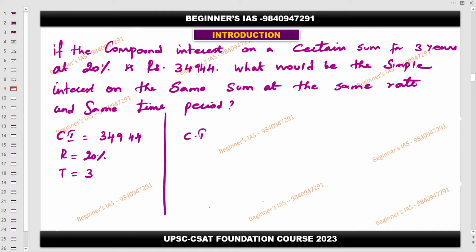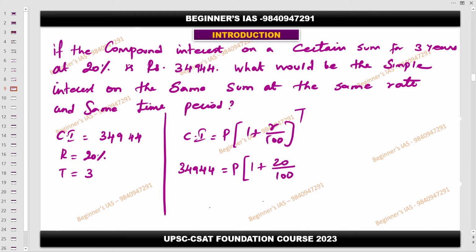So you know the formula, right? Compound interest is equal to P into (1 plus R by 100) the whole power T, minus P. So here the compound interest is 34944, which is equal to principal. I don't know the principal. A certain sum is nothing but P itself. Then 1 plus R is 20 by 100, power 3. Then you can calculate this.